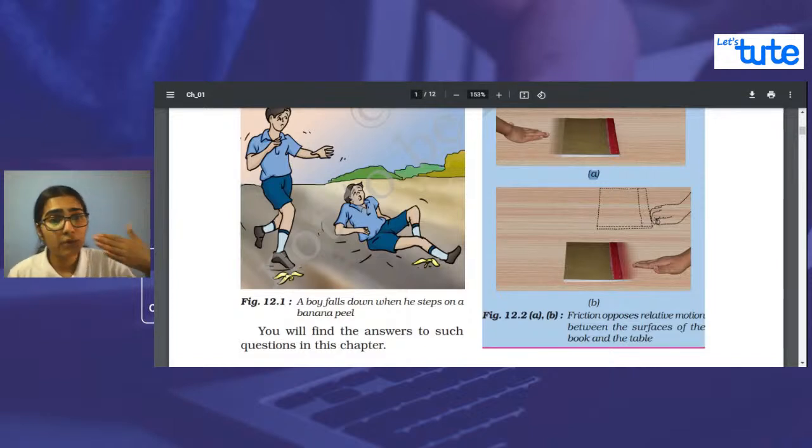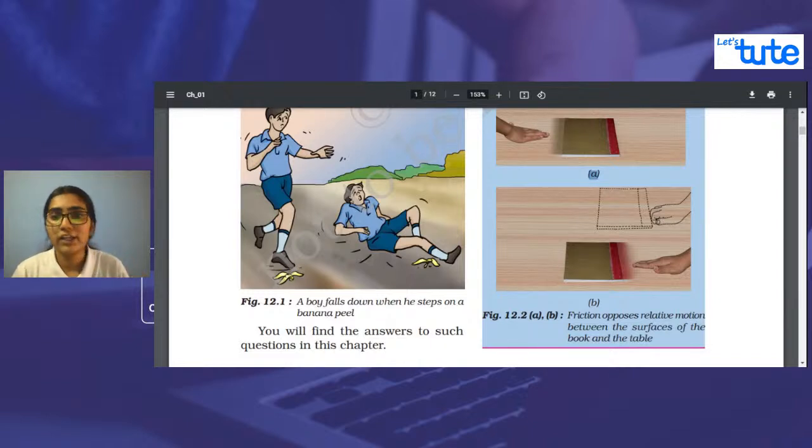But when the book moves, the friction tries to keep the book at rest. The friction tries to oppose the force, or the movement.